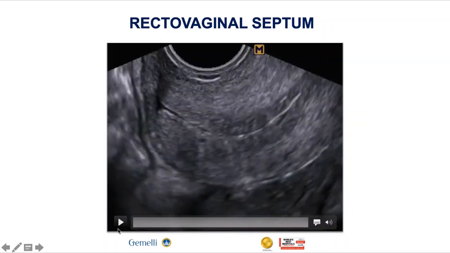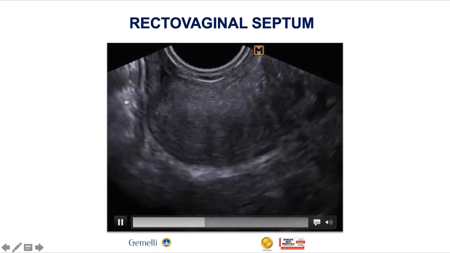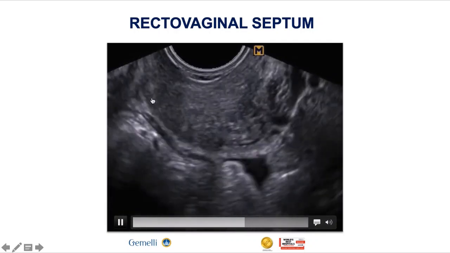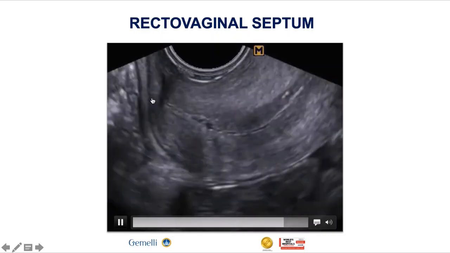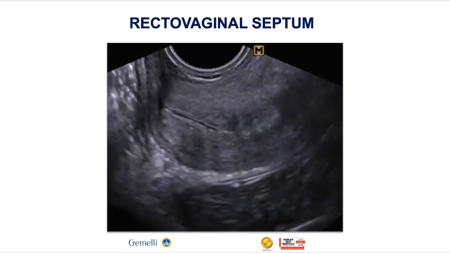This is another video showing the hyperechoic tissue between rectum and vaginal wall, and we can assess it by pushing the probe against the rectum and the vaginal wall.